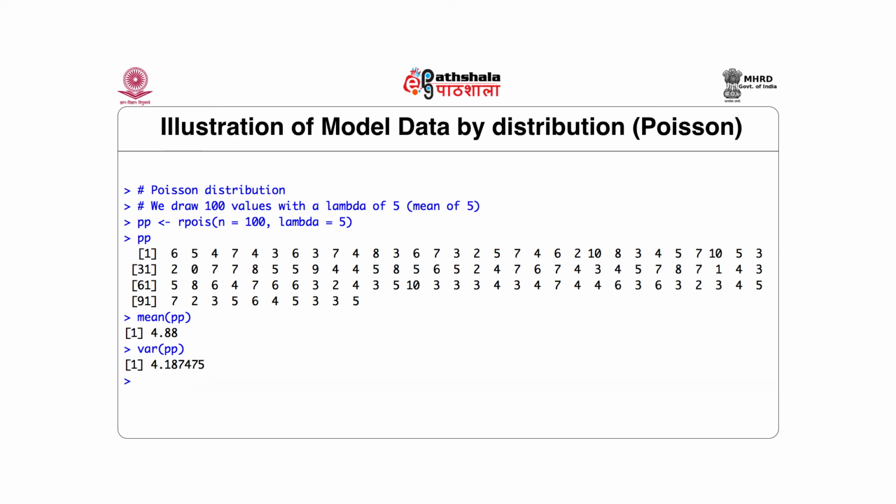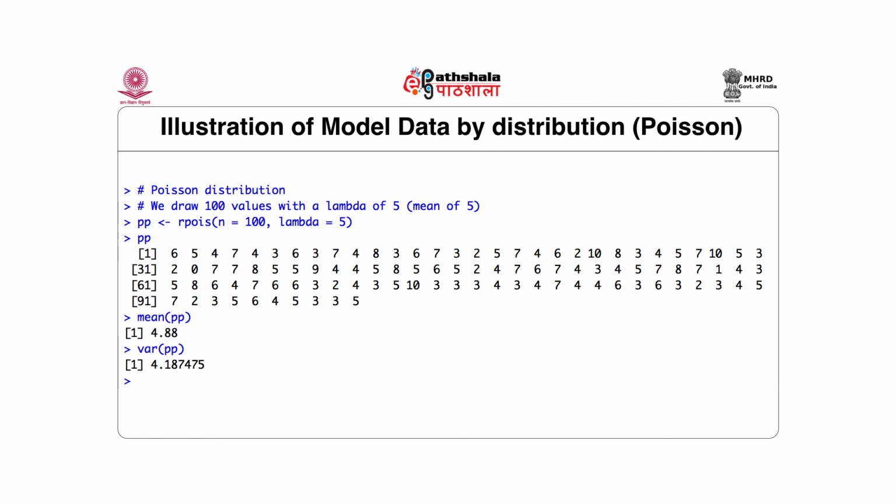And you can see that it's a very, very simple thing. We use a prefix of r, and then POIS for Poisson, and then we set n equal to 100, lambda equal to 5, and then we get as many events as we get to see. Again, if you take the mean of this, you see that the mean comes out to be 4.88, which if you round up is going to be 5.